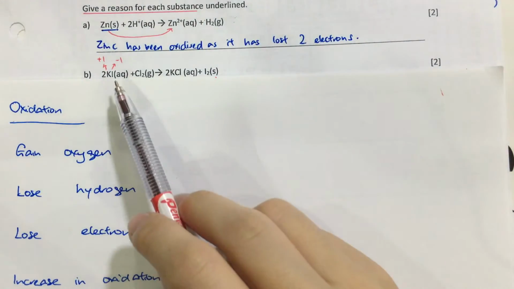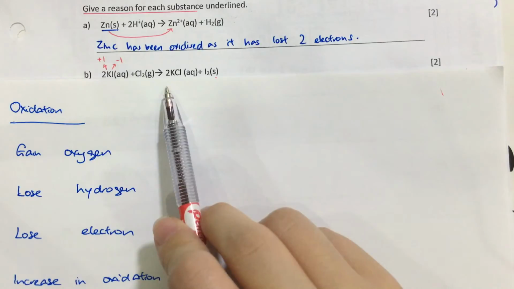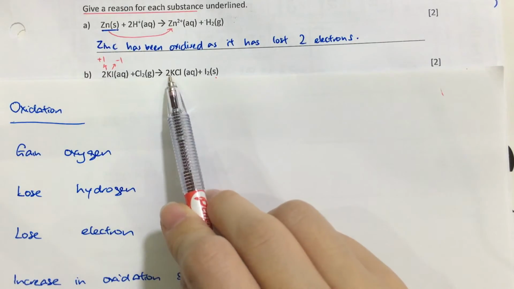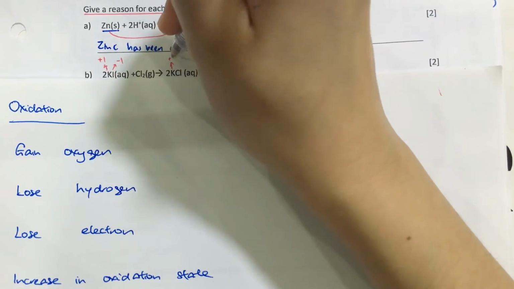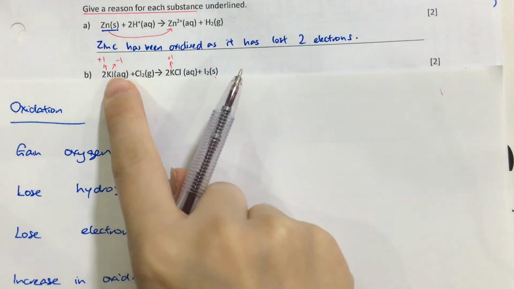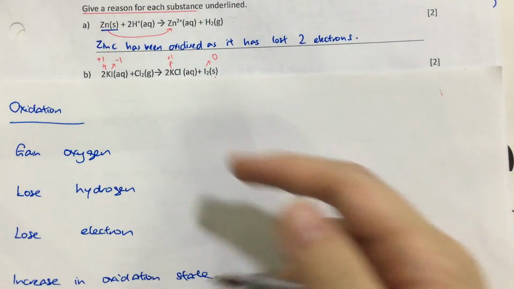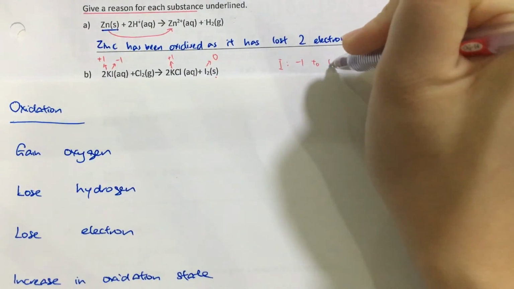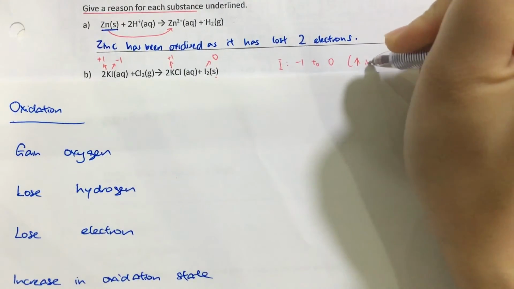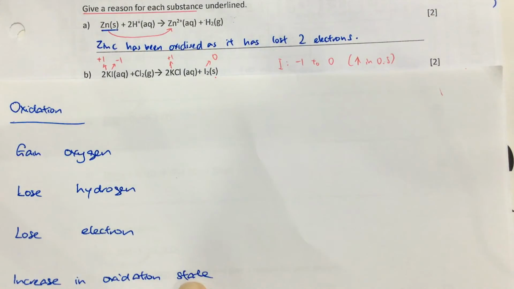Let's compare potassium and I on this side first. Potassium here, K plus Cl minus, is still plus 1. So no change for potassium. For I, this is a free element, so this has become 0, which means my I has changed from minus 1 to 0, which is an increase in oxidation state, which matches this.